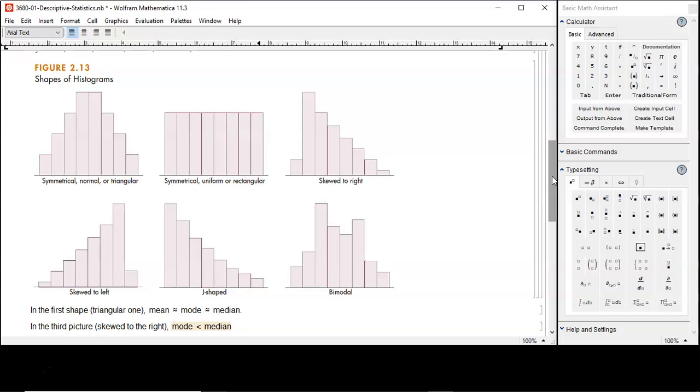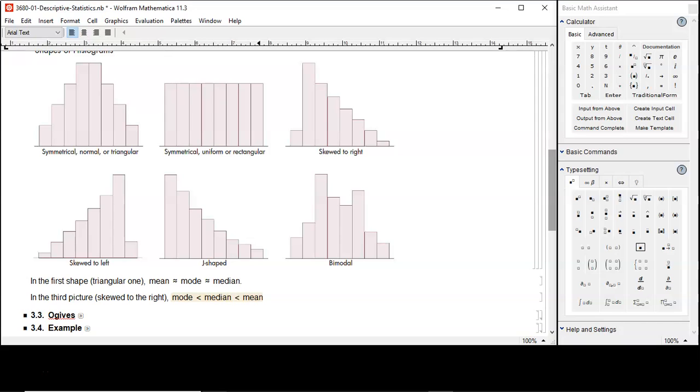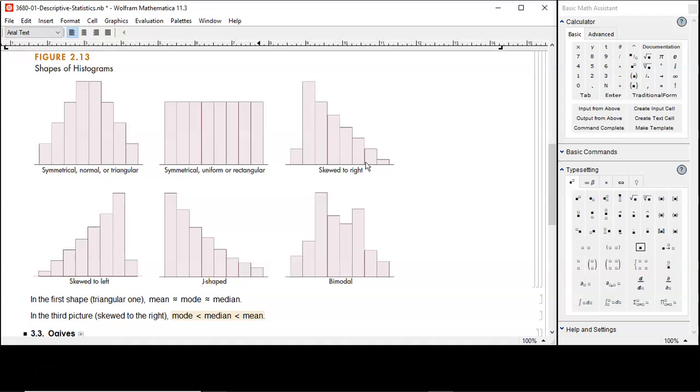Now, how about the mean? And that's a bit harder to see. It turns out like this. Mean is even more skewed, more stretched. Why do you think it's happening? Well, think about an extreme case.